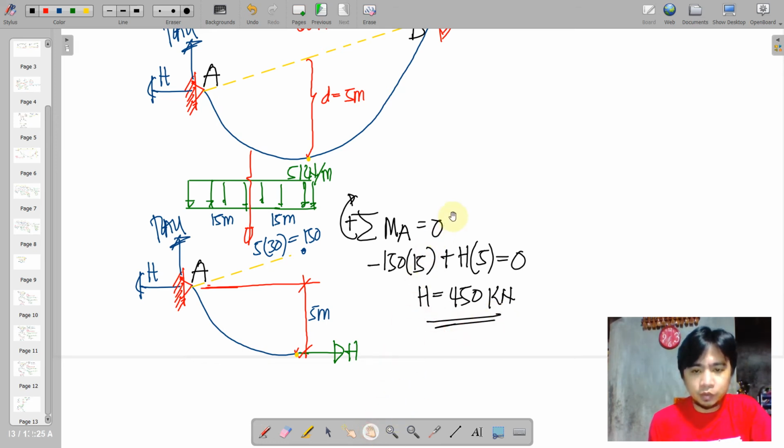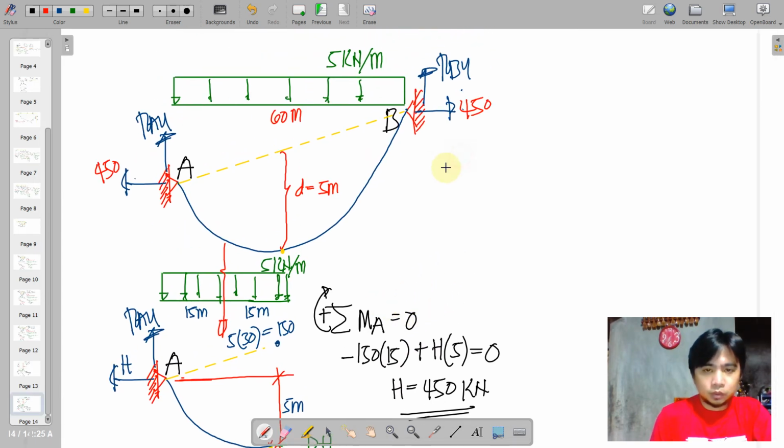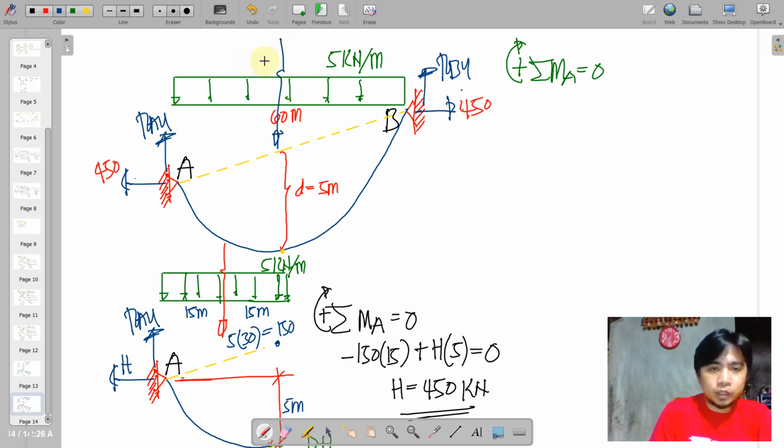Okay, so if this is known, we just place it on the whole structure and then solve for RAY and RBY. So this time we are going to take moments. So taking moments at A, we would want to, of course, resolve this. We have a resultant for that distributed load equivalent to 300.